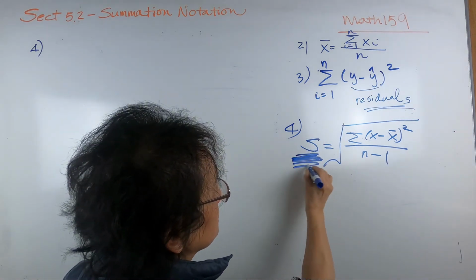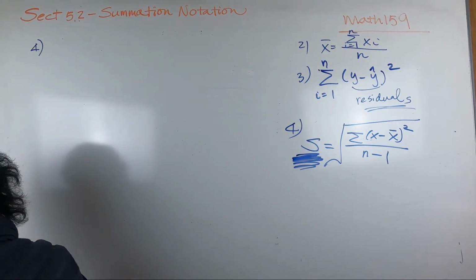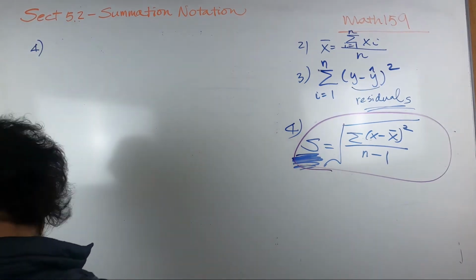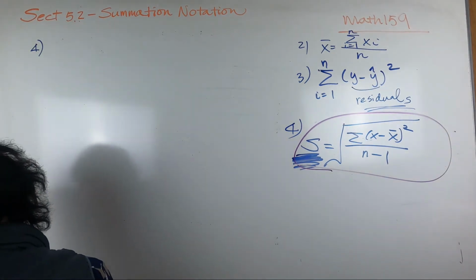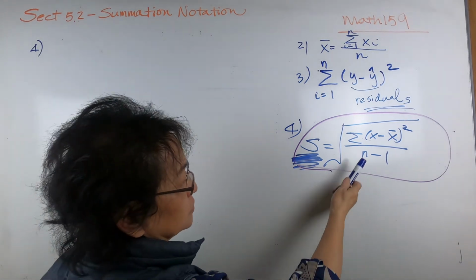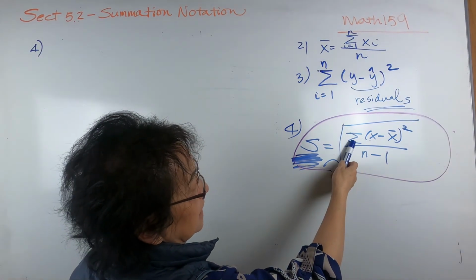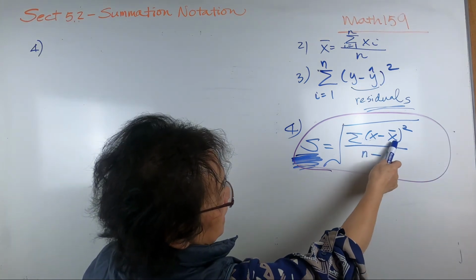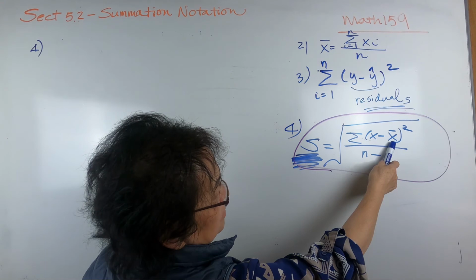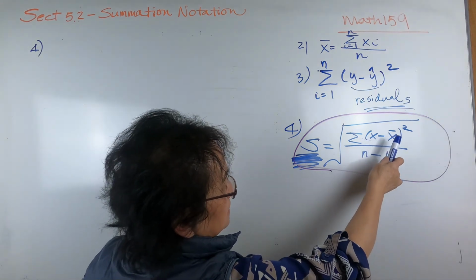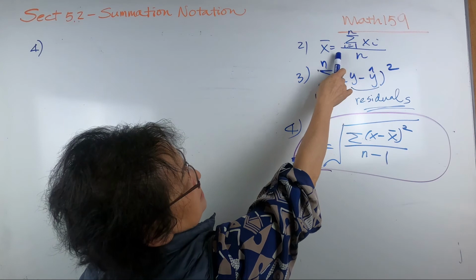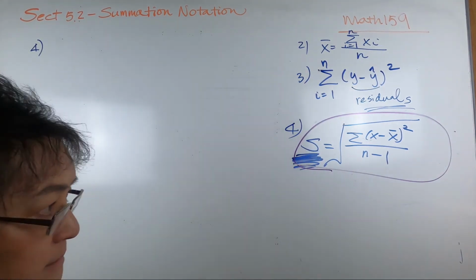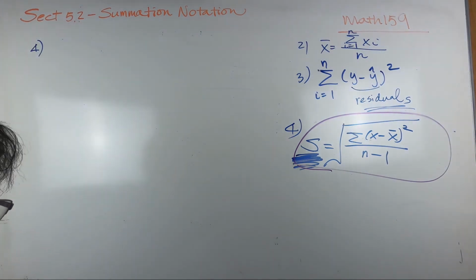Then that will be your standard deviation. Okay? So this is the one you are going to use a lot for your stats, but you have to know how to do the sigma. Find the difference between the data point and the average. Okay? Then for the average, you need to use the sigma formula like this. Okay? That's called standard deviation.